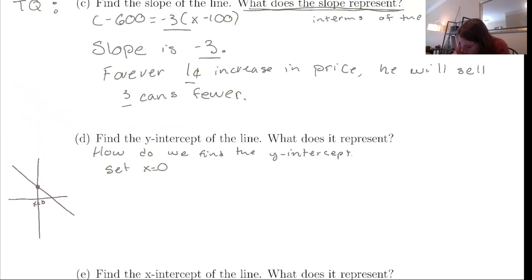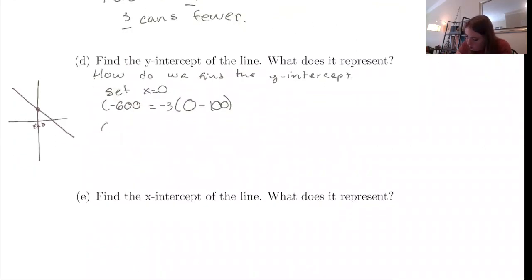So grab my equation from above: C minus 600 equals -3 times (0 minus 100). Remember, C is the number of cans that we're selling and X is the price. So when the price is 0, C minus 600 equals -3 times -100.